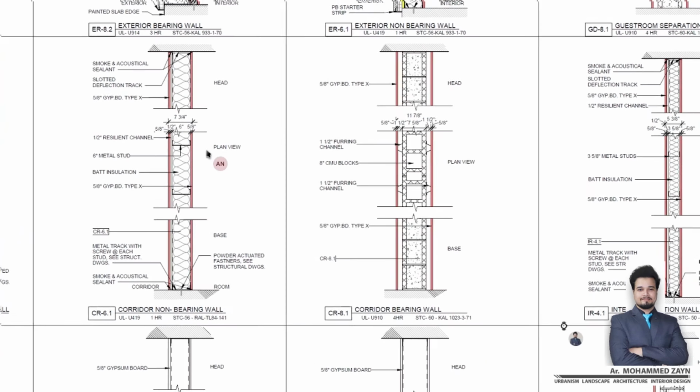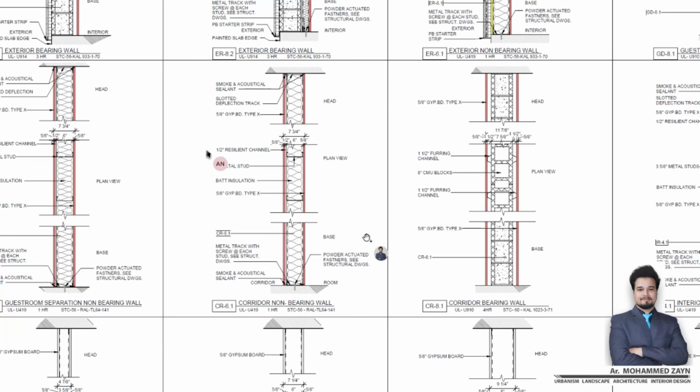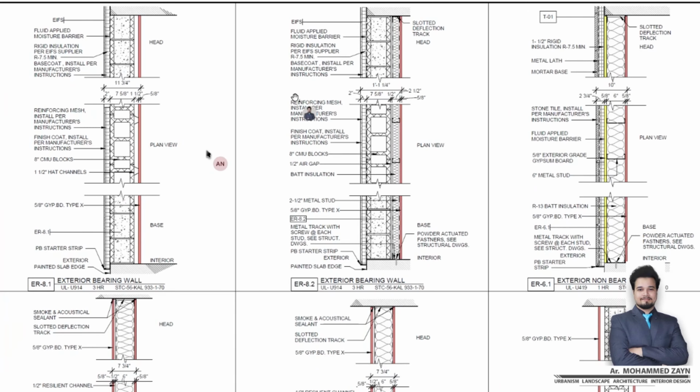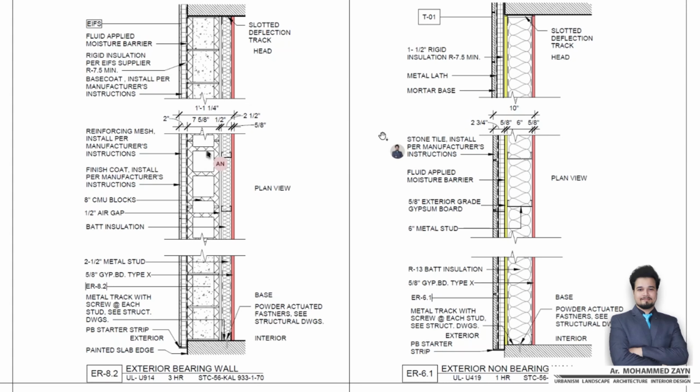If you see the difference, can you move on to the first row once? If you can see the exterior bearing walls, the difference between exterior non-bearing wall and bearing wall is the material has changed. When you see an exterior bearing wall, we have used CMU block components in Revit.